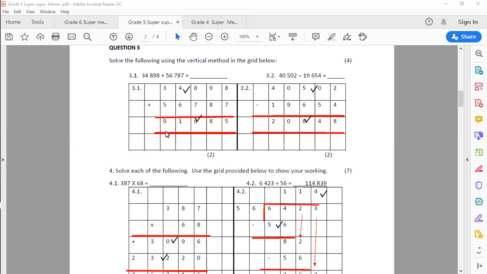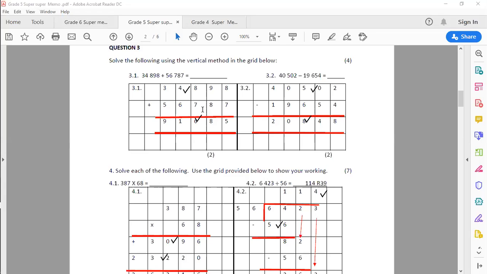But in most circumstances, when you want to subtract, we're looking at it on the basis of 10.